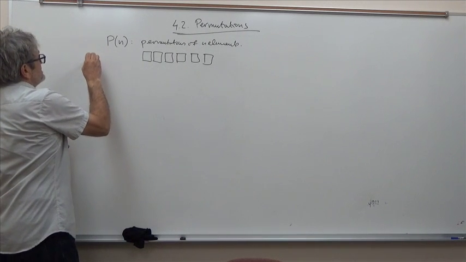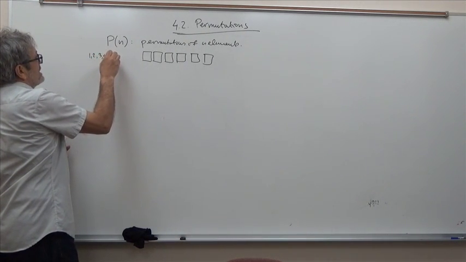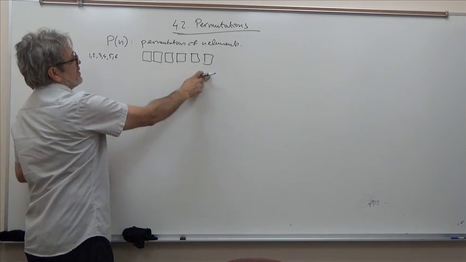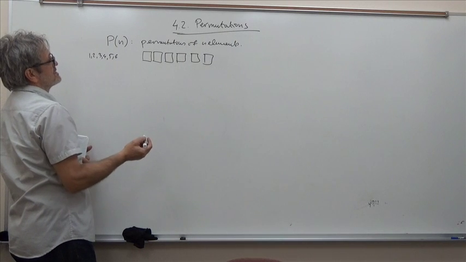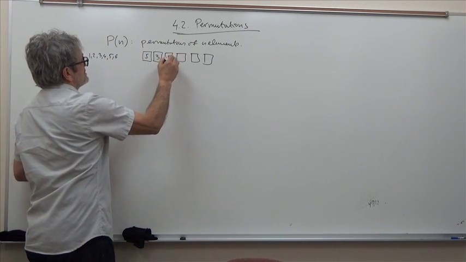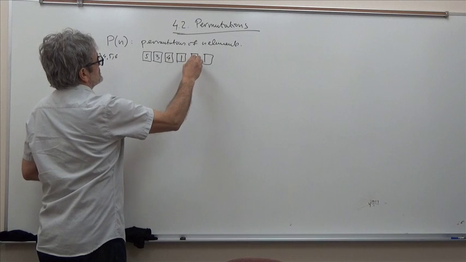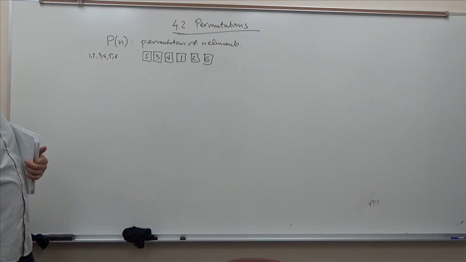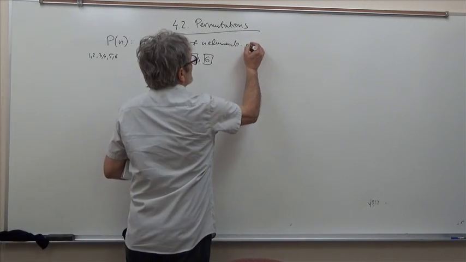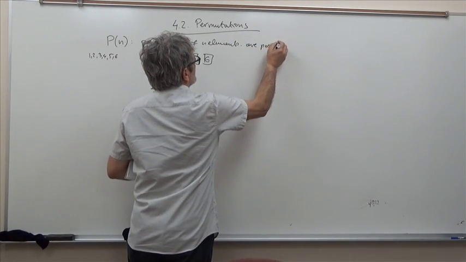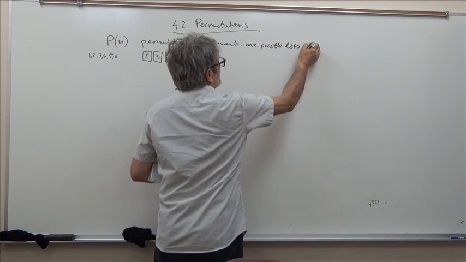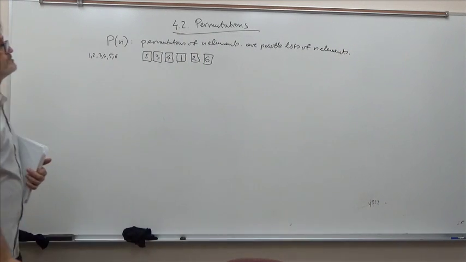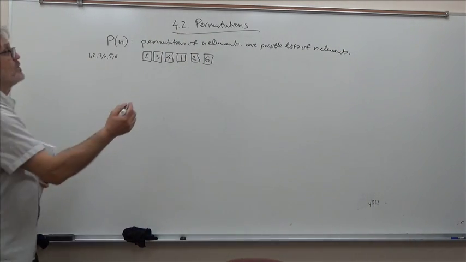The elements in this example are 1, 2, 3, 4, 5, 6, so that all 6 elements are in the list, but in different orders. For example, 5, 3, 4, 1, 2, 6. So this is one permutation of these 6 elements. So permutations of n elements are all possible orders, or all possible lists of n elements, with no repetitions.